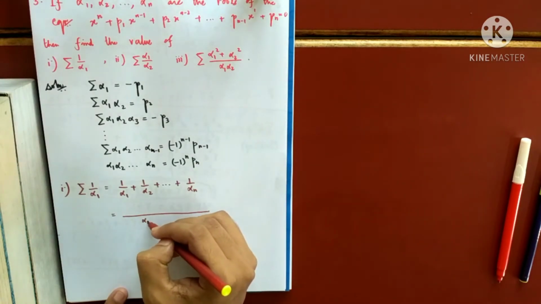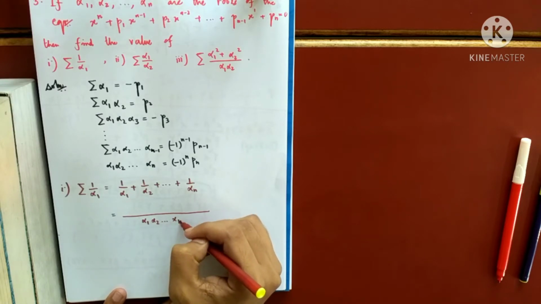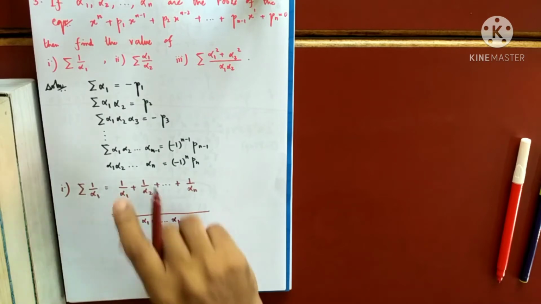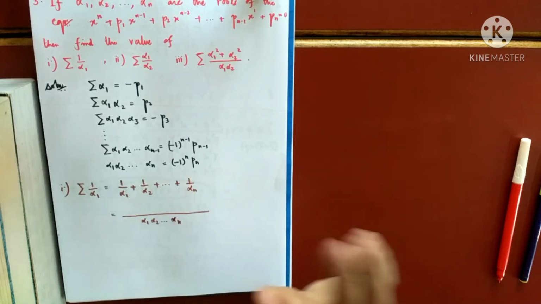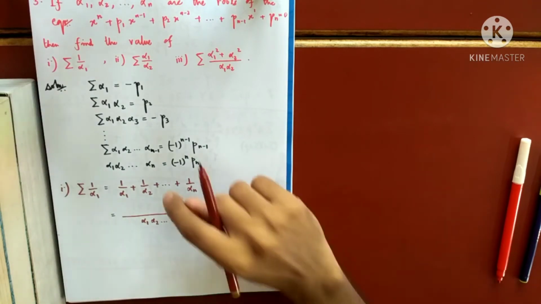Here I'll get alpha 1, alpha 2, ..., alpha n. In the numerator, what will I get? You see, here I will get the product of all the terms from alpha 2 to alpha n except alpha 1. That means the first term will be alpha 2 into alpha 3 into ... alpha n plus alpha 1 into alpha 3 into ... alpha n and so on.